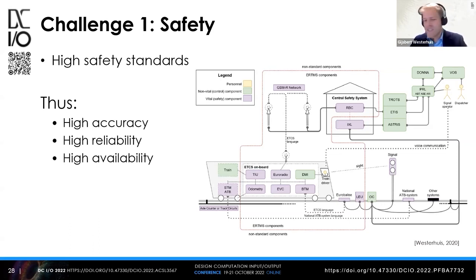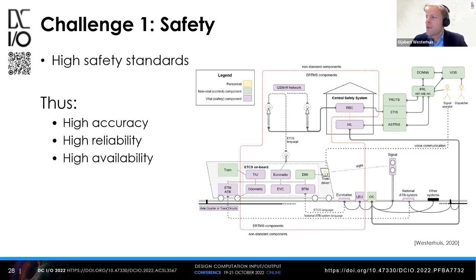But also this is a very interesting graph, and it shows all the different types of components that are part of the safety system within the Netherlands in this case, but it's similar to other countries within Europe.